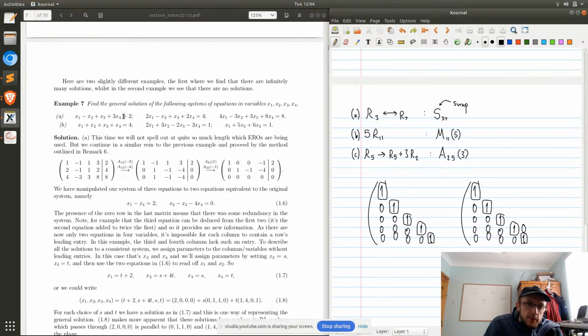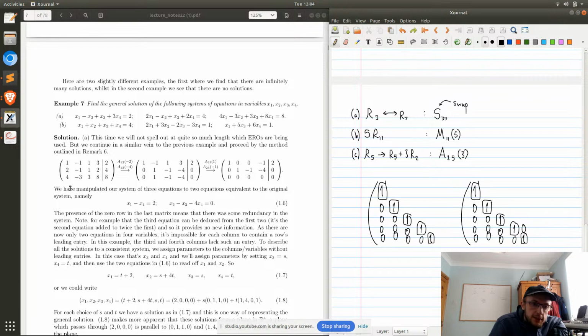First system of linear equations has 4 variables and 3 equations. Okay, so they're doing 2 at a time. And I see which EROs they're doing.